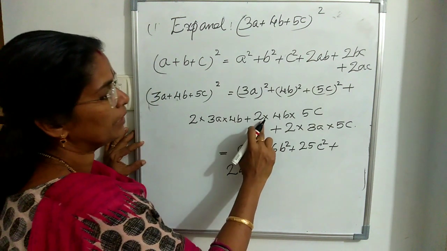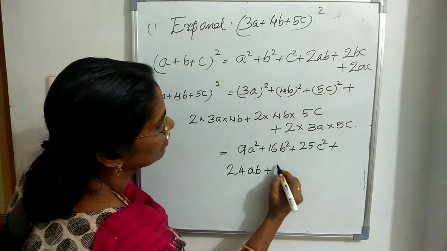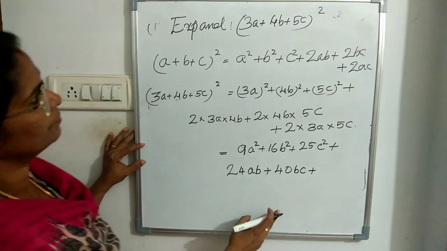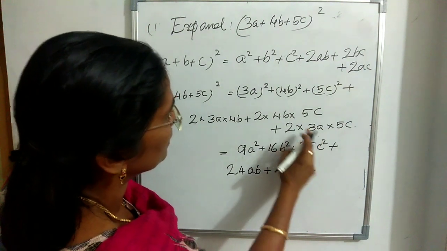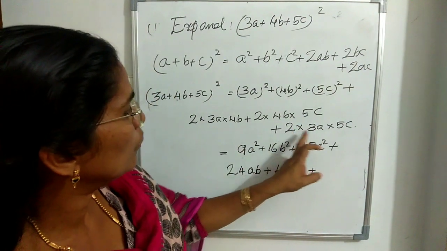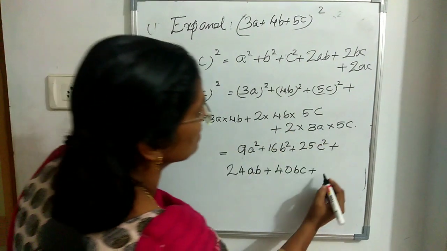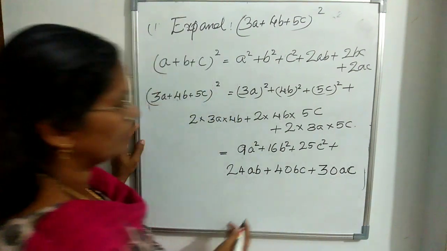Plus next, numerical numbers 2 and 5 multiply to 10, 10 into 4 is 40BC. Plus next one, 2, 3 and 5: 5 2s are 10, 10 into 3 is 30AC. This much only is the answer.